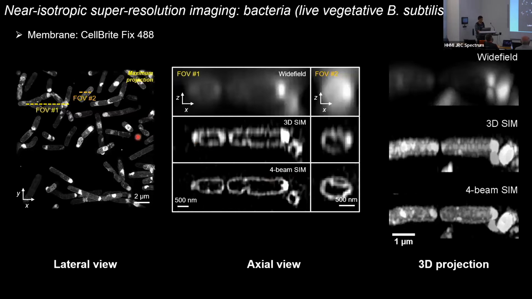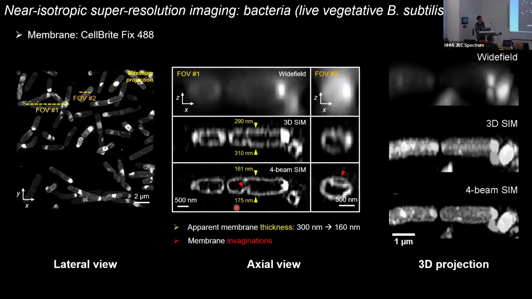From the two different fields of view here, field of view 1 and field of view 2, you can notice the wide field can barely resolve cell membranes along the axial views, but they could be better visualized in 3D SIM. However, 4-beam SIM provides even greater visual clarity.